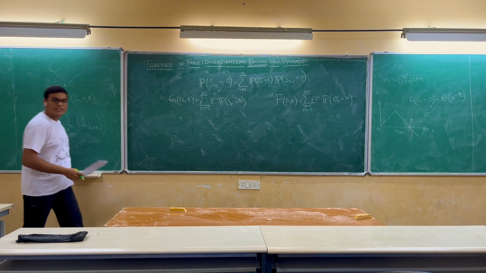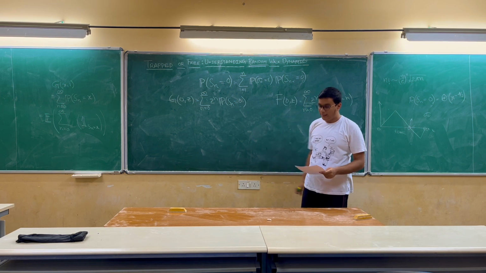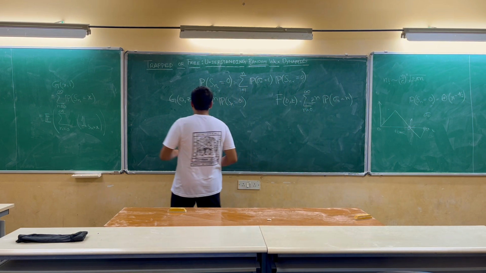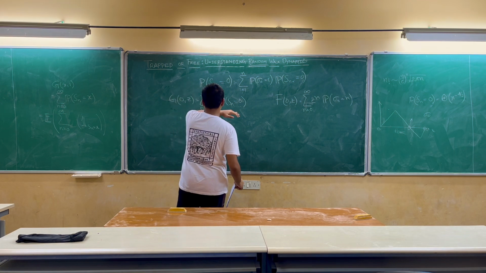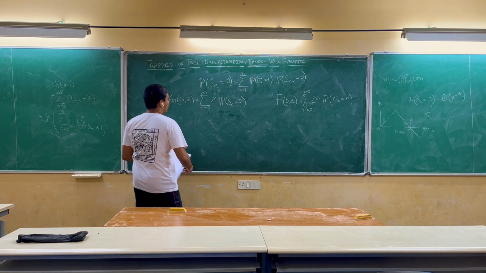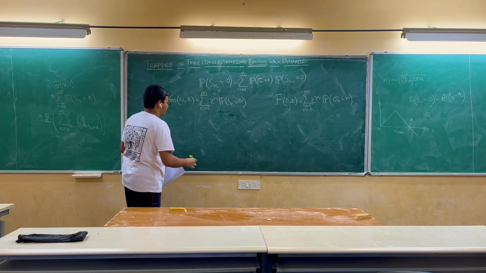So the random walk's Green's function basically gives us the expected number of visits to the point x. And now in this particular g of 0 comma z, we will plug this value in, and we will try to establish some relation between g and f.